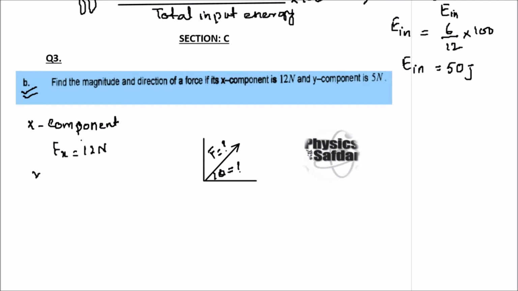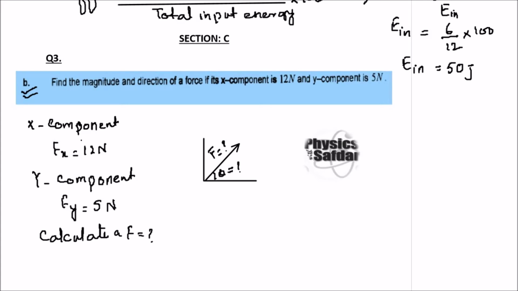Then you have y component, Fy is equals to 5 Newton, and you need to calculate resultant force F. In second part, you need to calculate its direction. Direction means angle with x-axis.